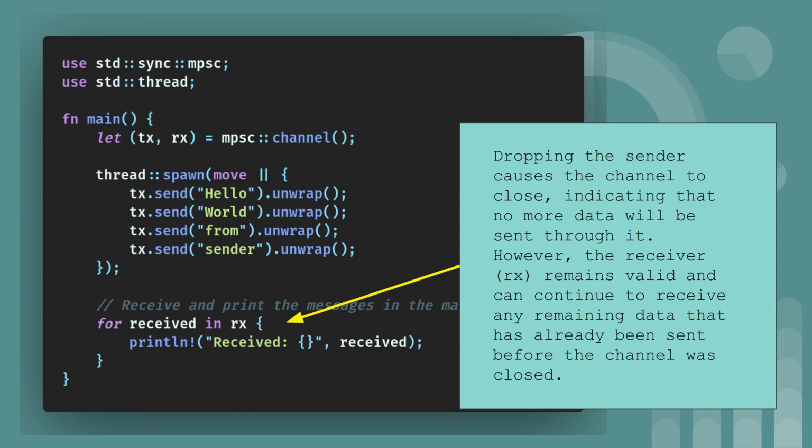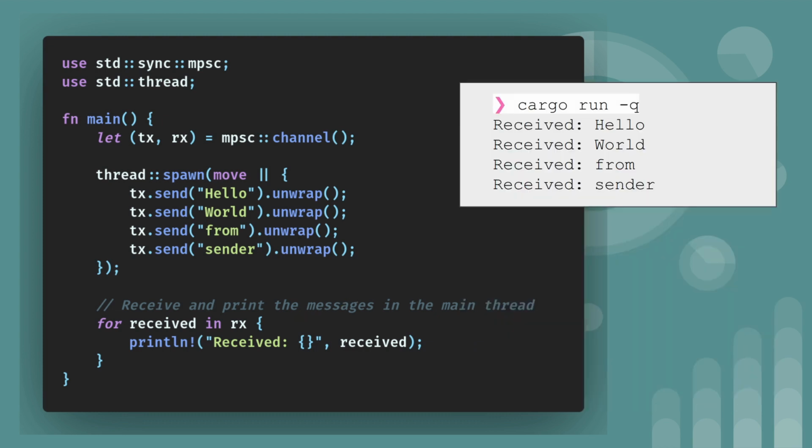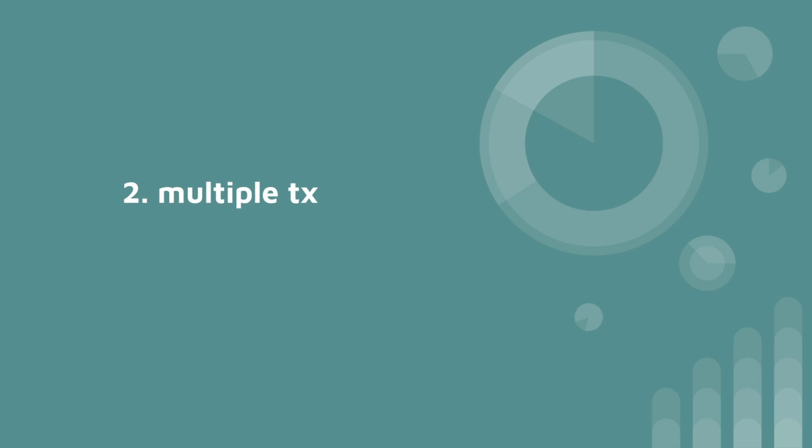Dropping the sender causes the channel to close, but you can still receive anything that's already been sent. So 4 received in rx, where rx is the receiver. When you run it, you get hello world from sender, and it's all in order, in the sequence in which it was sent.